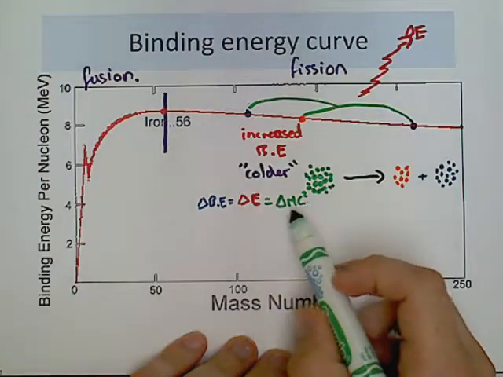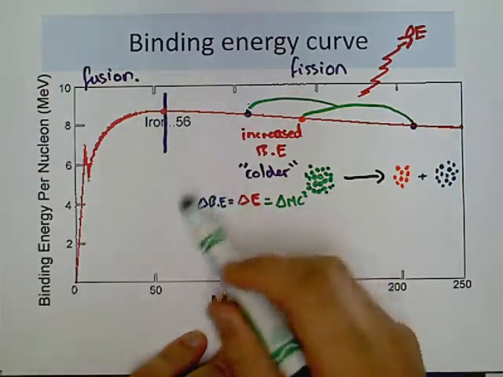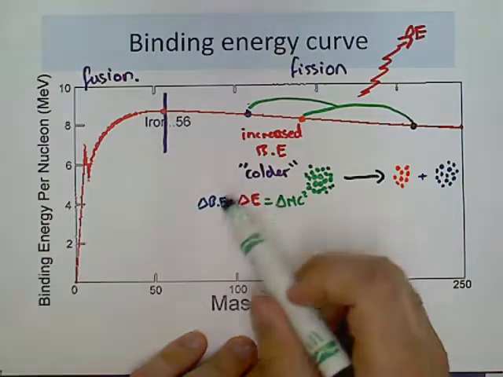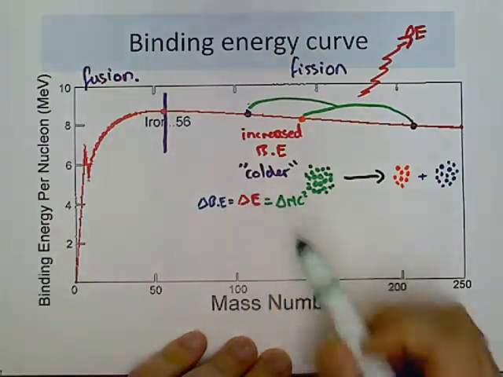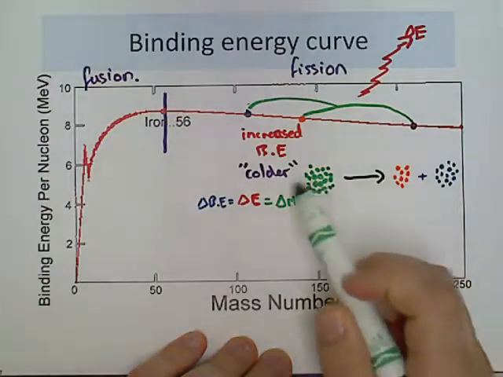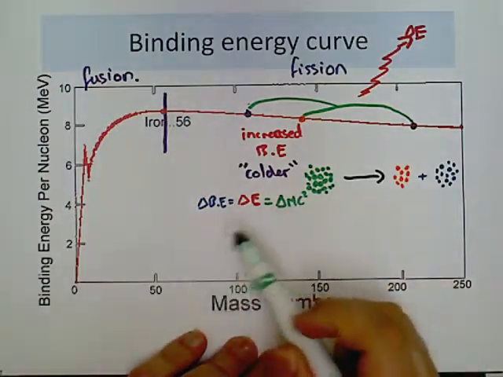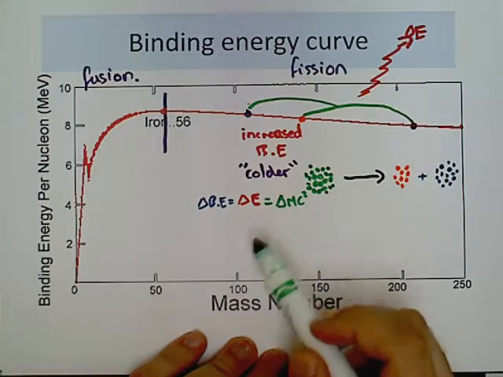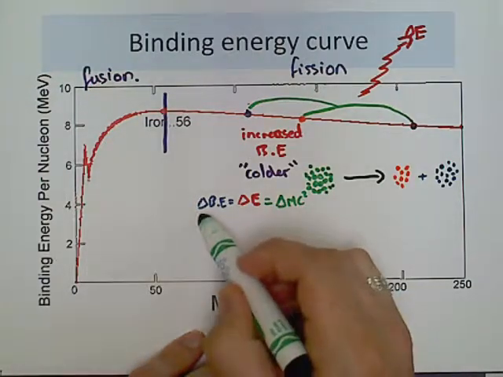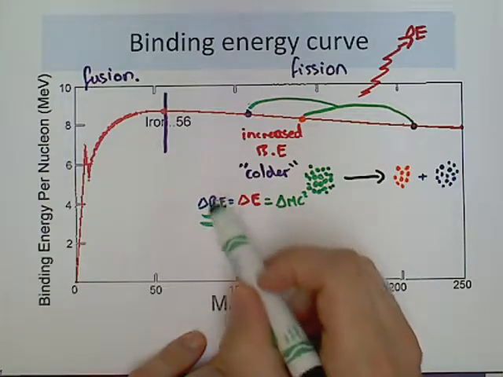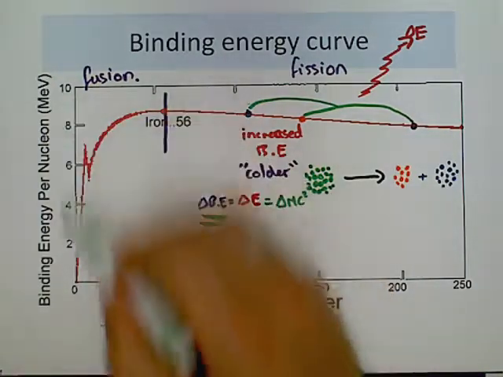Remember, E is equal to mc squared. So effectively, the change in binding energy, which is equal to the energy released in this fission reaction, is also going to be equal to the change in mass times c squared. And all of these things are linked together. Now be careful, remember I'm talking here about the total binding energy, not the binding energy per nucleon.